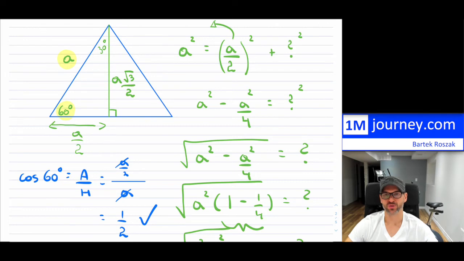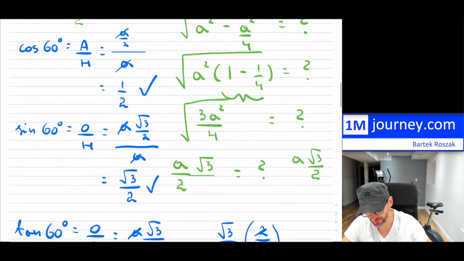I'll do that at the end just to show you. A convenient choice for a in this case, unlike the first one, is a equal to 2, because it will get rid of the division by 2 that you have in the denominator.